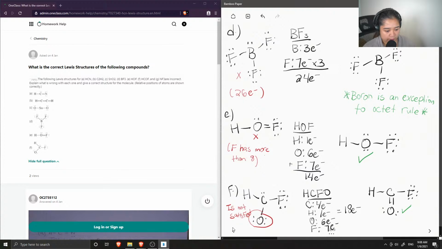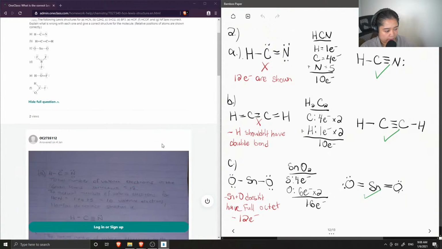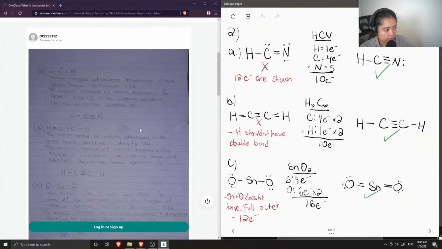So let's compare answers with the junior tutor, starting from the first page. So HC double bond N. The total number of valence electrons in the given Lewis structure is equal to 12. The actual number of valence electrons for HCN is 10.